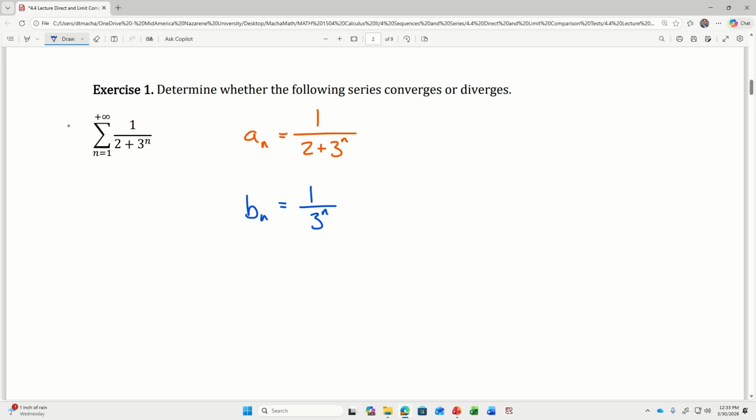Then this series, does it converge or diverge?